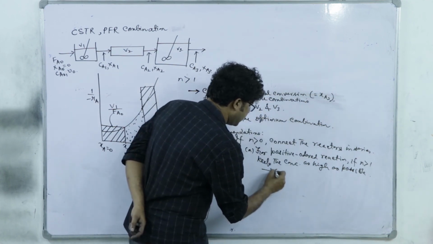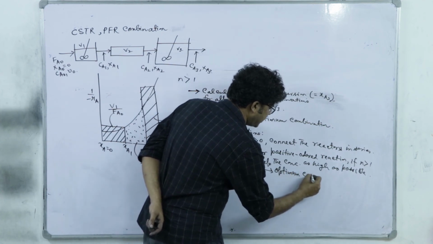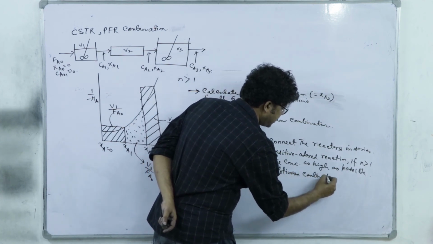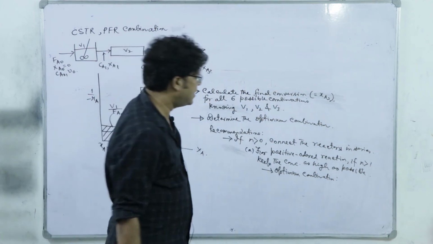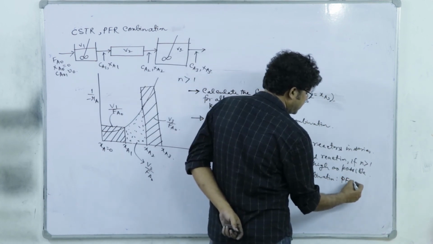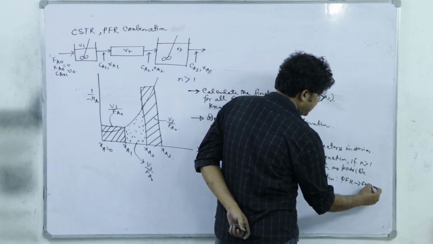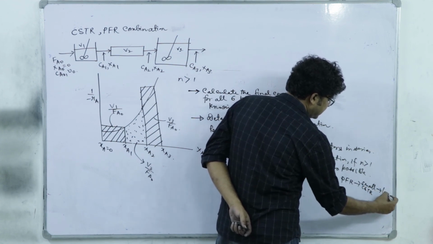So the optimum combination: definitely we know that there is no axial mixing in the PFR, so in the PFR the concentration will be highest. So the PFR, then small Cstr, then larger Cstr.